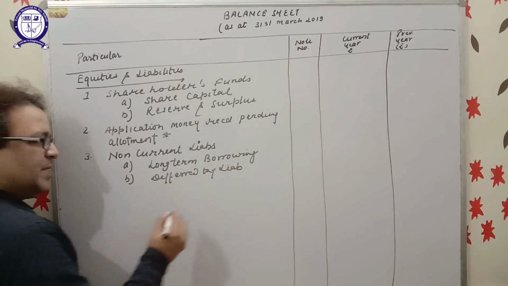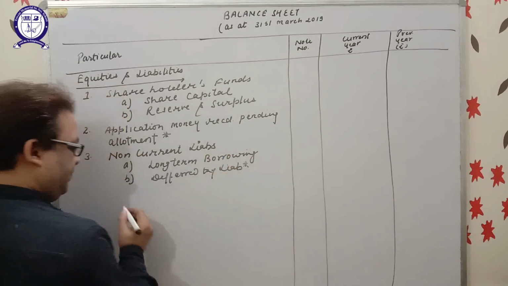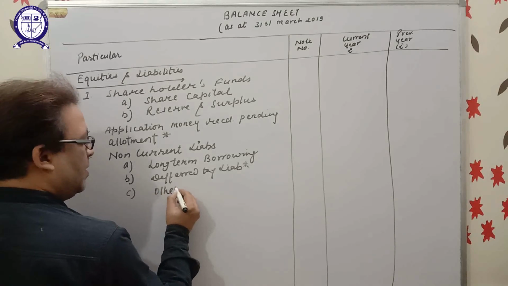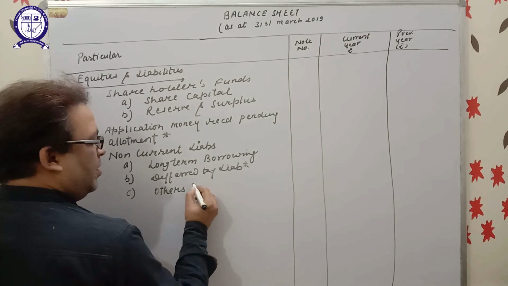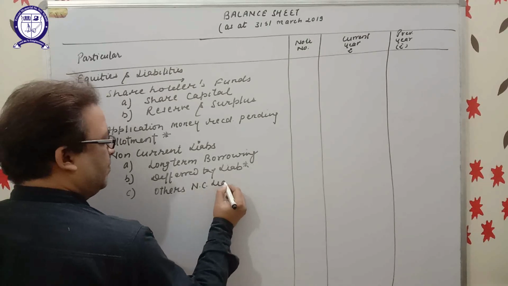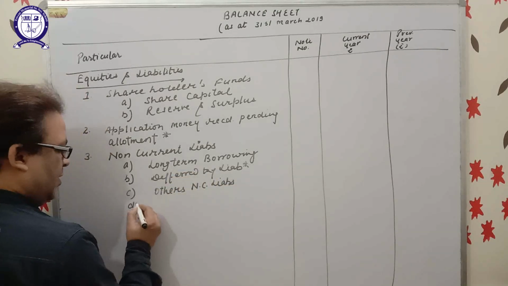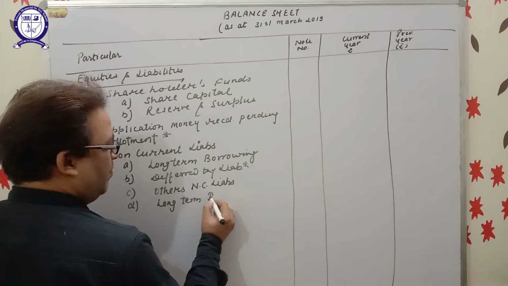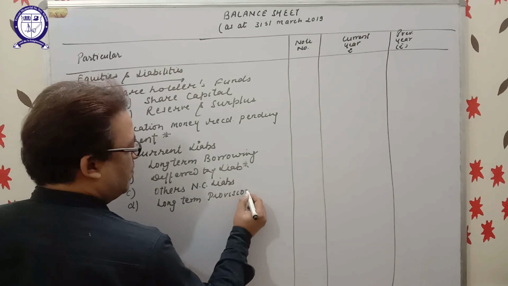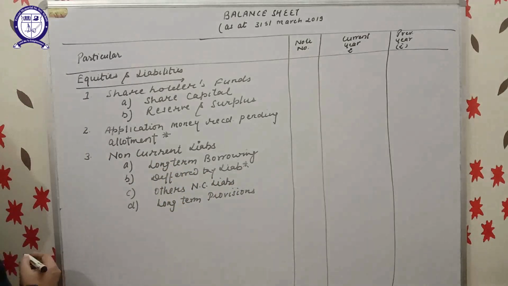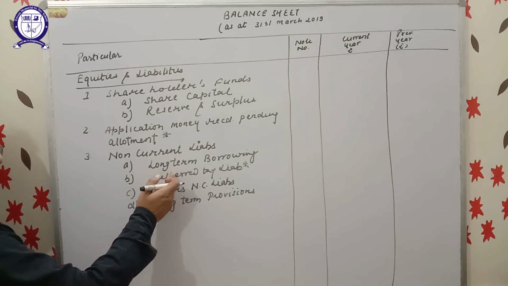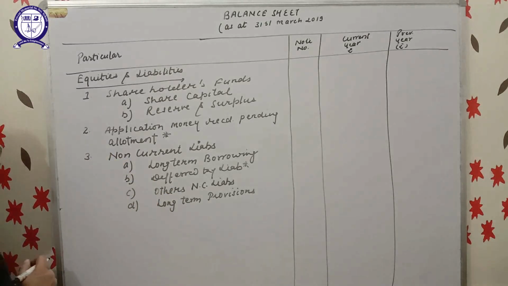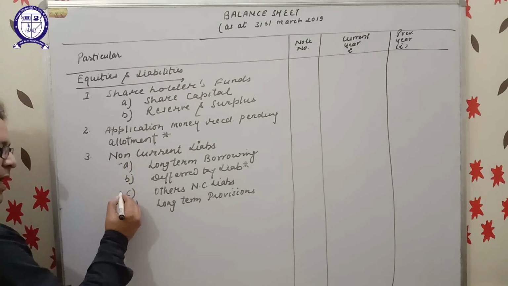In the CBSE syllabus, this item will not be considered. C, other non-current liabilities. D, long-term provisions. So these 4 subheadings are there under the main heading non-current liabilities. But in the CBSE syllabus we have to learn only 3, A, C and D.